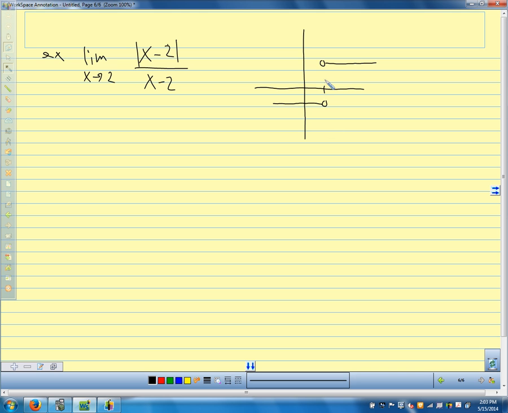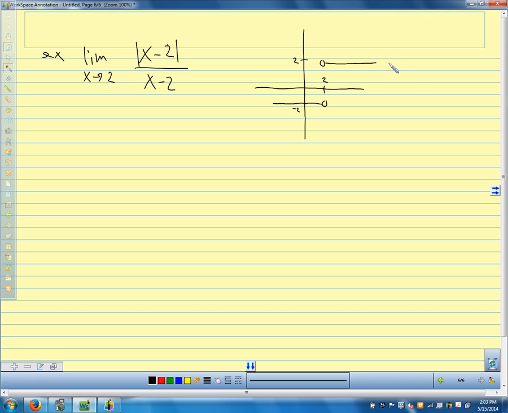This is x equals 2, and here we're at 2, and here we're at negative 2. So when x is greater than 2, f equals 2. When x is less than 2, f equals negative 2.